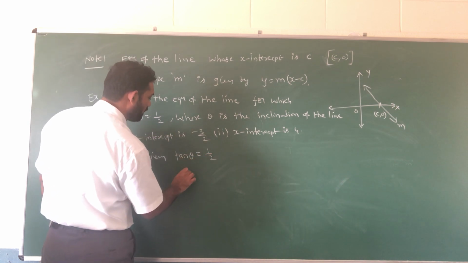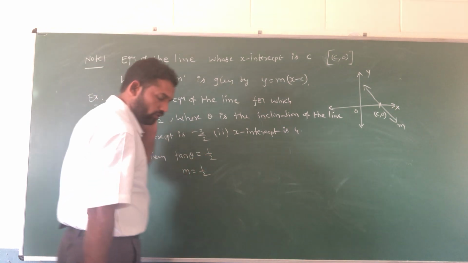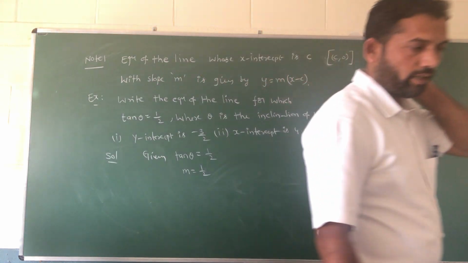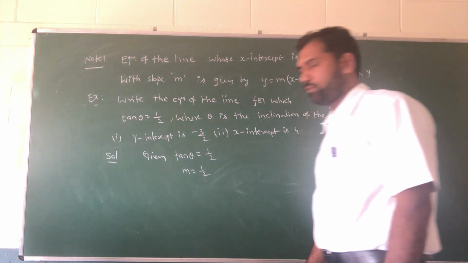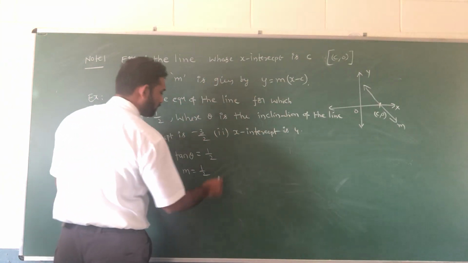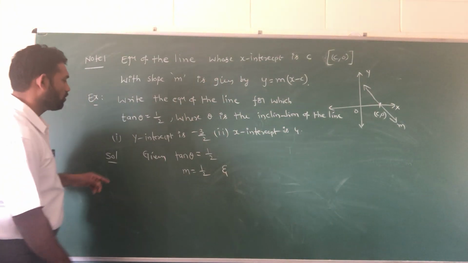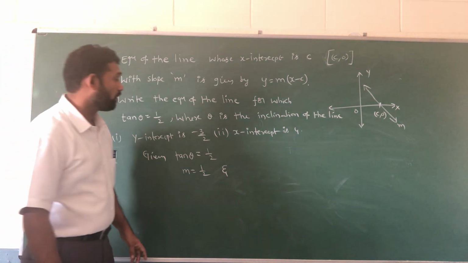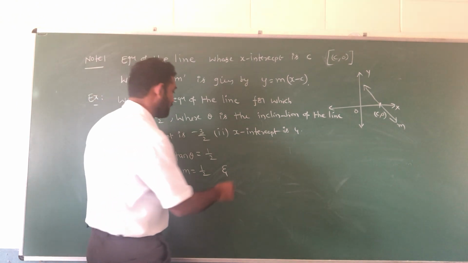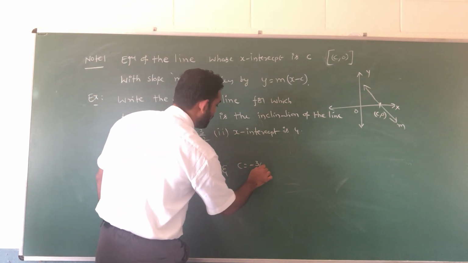Tan theta is nothing but the slope. So m is equal to 1/2. First question, y-intercept is -3/2. So y-intercept means c is equal to -3/2.